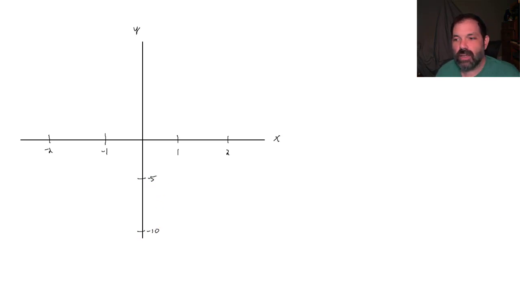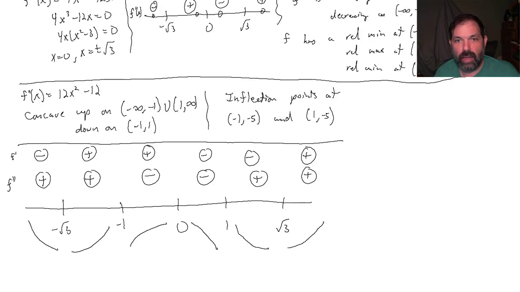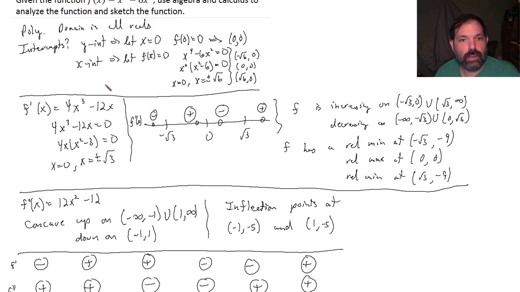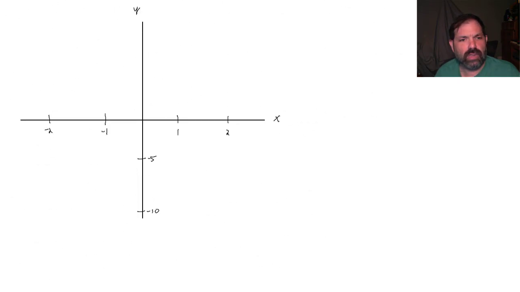Let's plot the important points that we have. We have x-intercepts at negative root 6, 0, and root 6. Square root of 6 is a little bit more than 2, isn't it? So let's say that there's an x-intercept and there's an x-intercept. And of course at the origin we have an intercept. What else did we have?